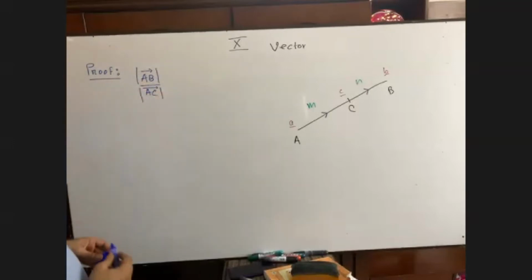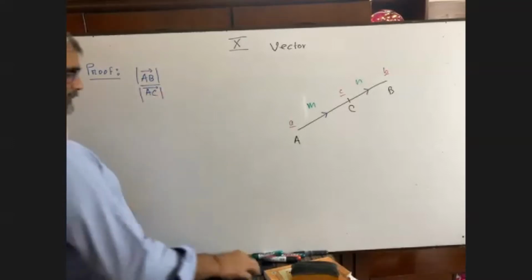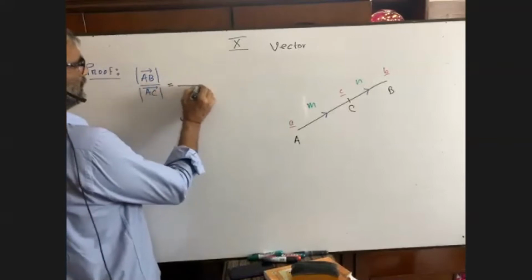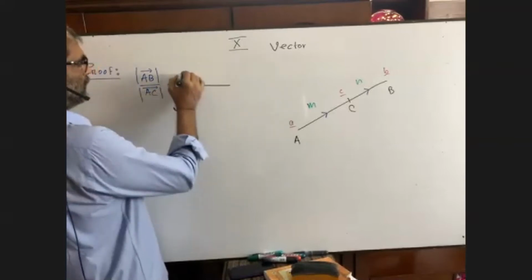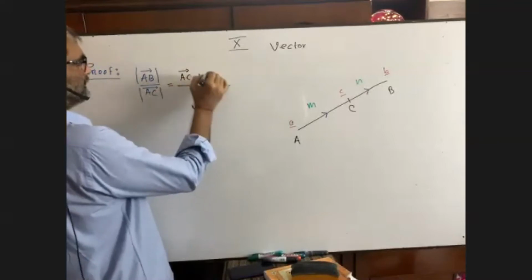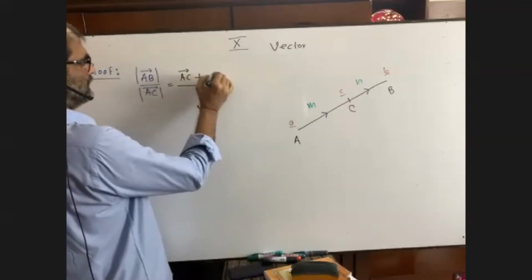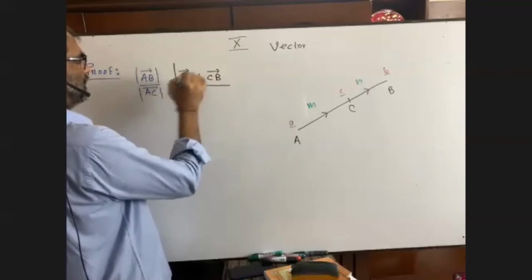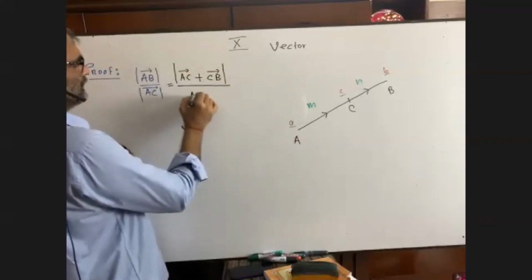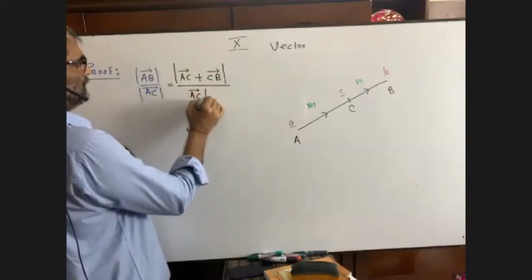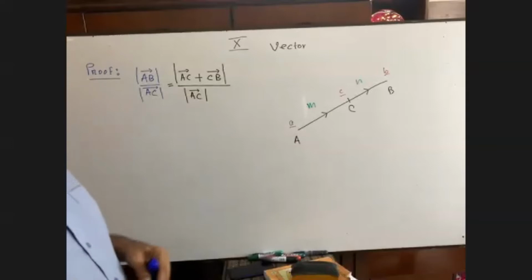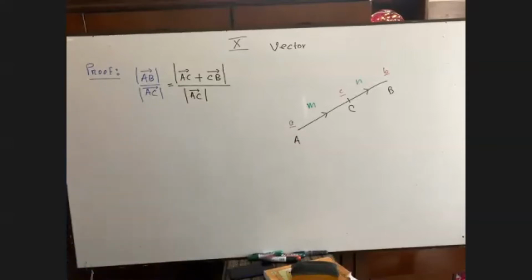Can you write AB equals to what? M plus N by M. But we can write like this: AC plus CB by AC. Can you write or not?